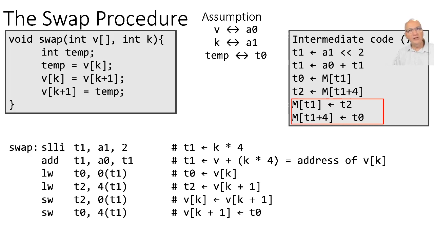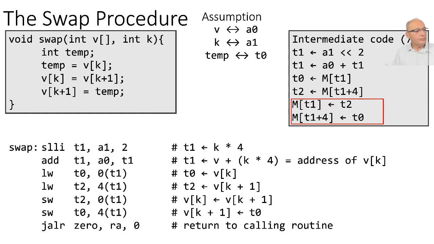Swap is a void function, so there's nothing to return, so I do not need to do any instructions to write anything into a0 in order to implement swap. So here I have my return statement. In RISC-V, the return statement is the jump and link register instruction, jalr, and I always use x0 as the destination register. I use ra, and I use a constant 0 as the offset for the instruction.